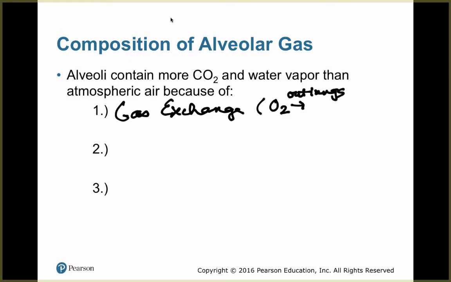And it's going to the body. But at the same time, you're essentially getting CO2 going into the lungs. So that's one of the reasons why you end up having more CO2 in this location in the lungs than out in just the regular atmosphere, because this is diffusing out of the body.